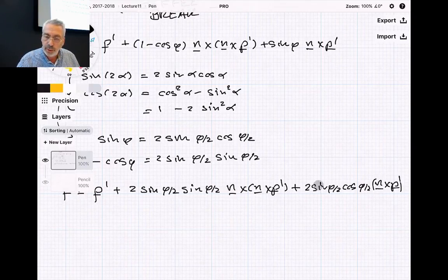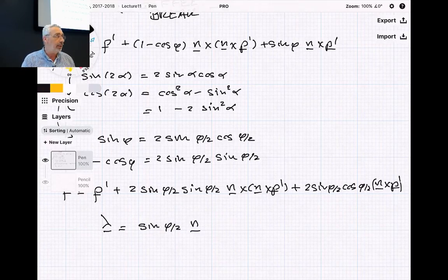So I'm going to define a new set of parameters, and we call those the Euler parameters, and the first set is this, sine phi over 2 times this axis of rotation. So what he does, he multiplies the axis of rotation with sine phi over 2.